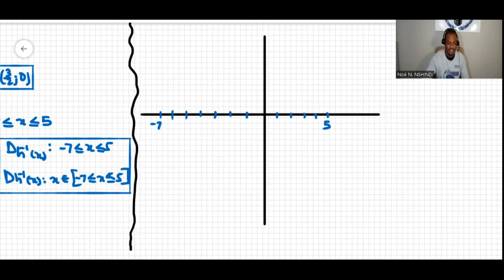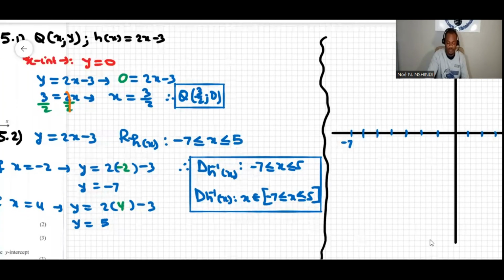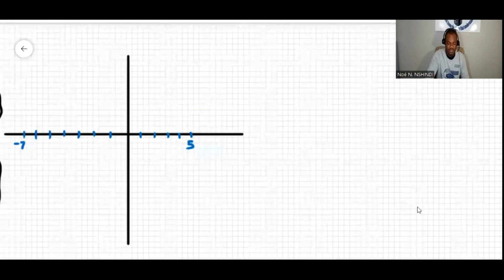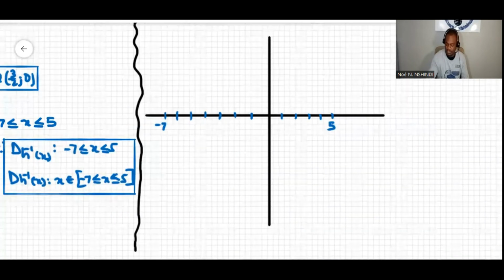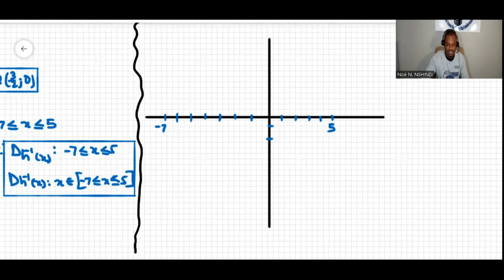5 is there. And then the range is now the domain of h of x. The range is -2 to 4. So we count -1, -2, -2 is there. And then 4: 1, 2, 3, 4.